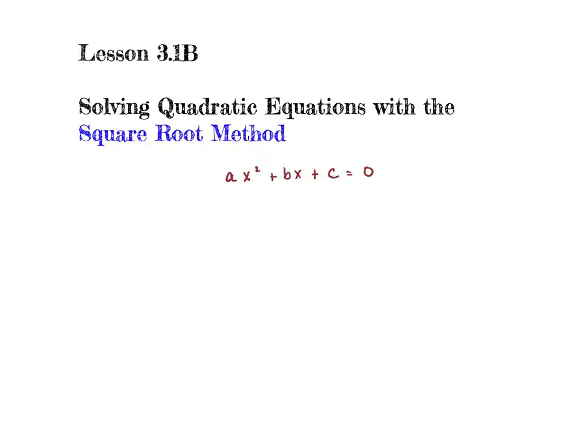All right, yesterday we talked about how to solve quadratic equations in standard form with the graphing method. So this is our standard form here, x squared plus bx plus c. It might be something like 1x squared plus 3x plus 2. We made sure it equaled 0, and we could graph that.